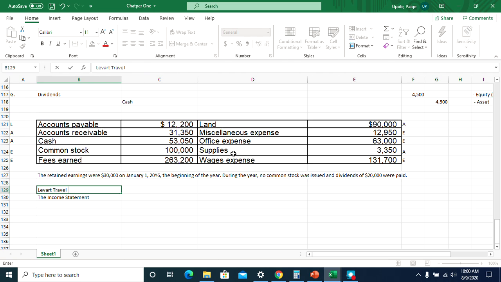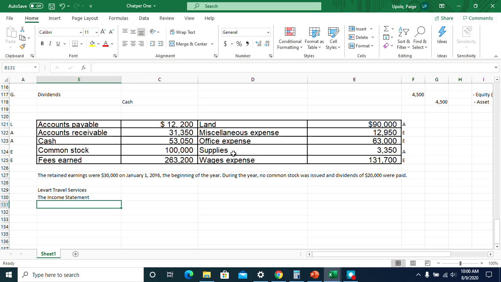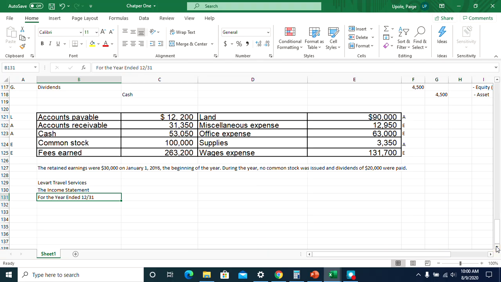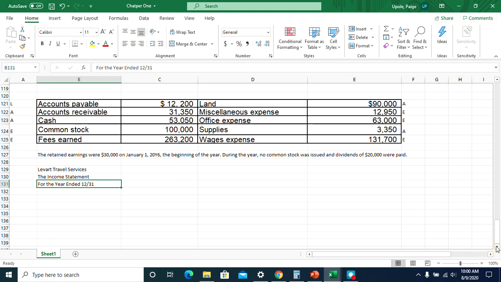Every income statement should have the title of the company, which statement it is, and then this descriptor, like for the year ended December 31. Or if it's the trial balance, which is a point in time, you would just say as of 12/31.